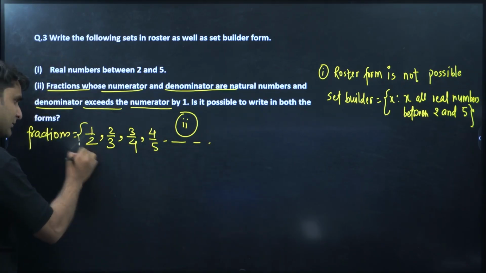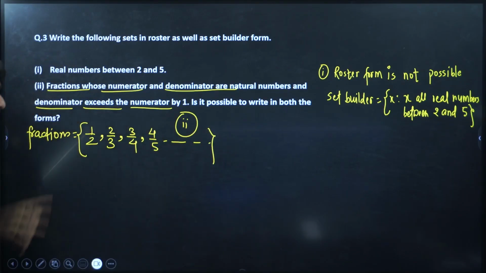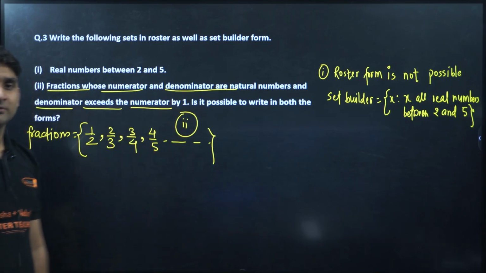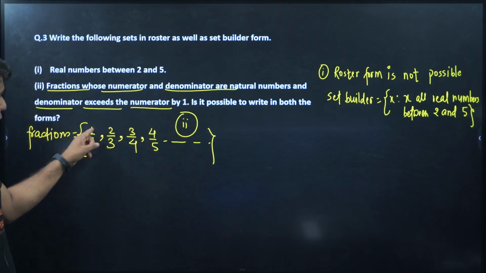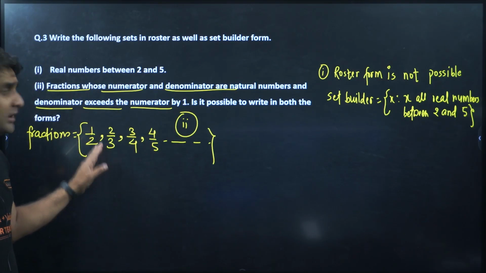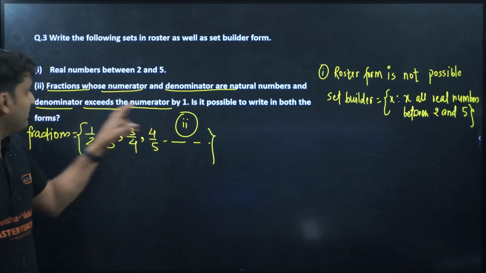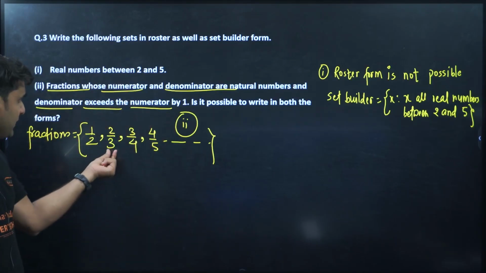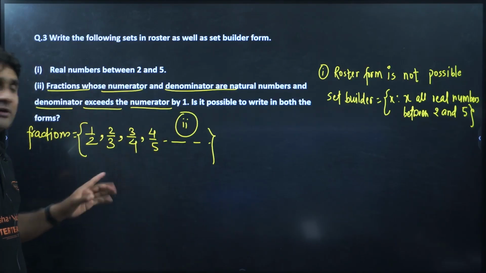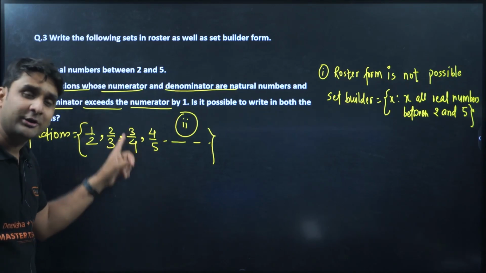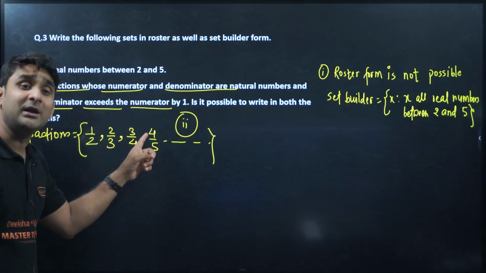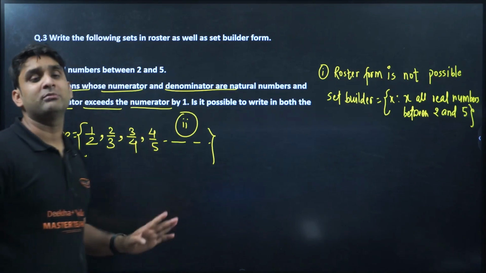This will be the roster form for the given condition, because the numerator and denominator must be natural numbers, but the denominator exceeds the numerator by 1. So if we take numerator 3, the denominator must be 4. If we take numerator 4, the denominator must be 5.